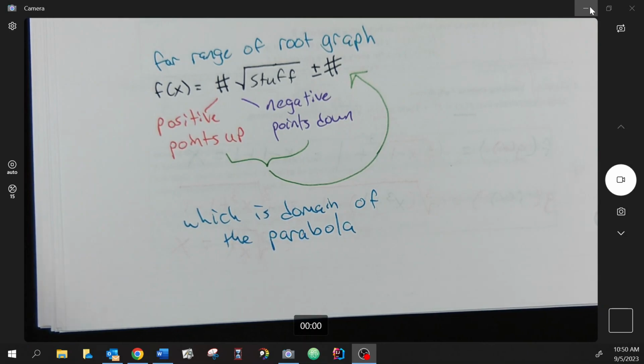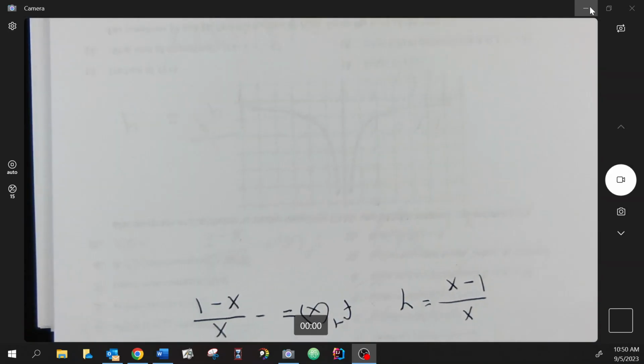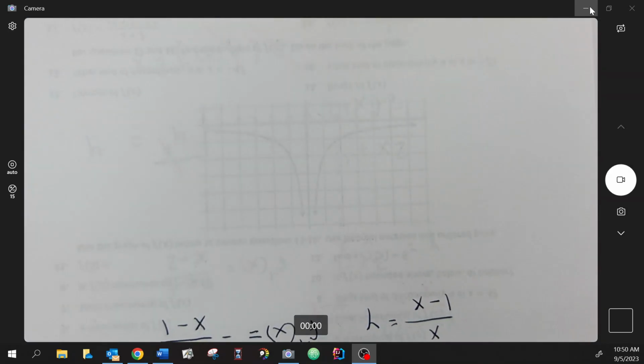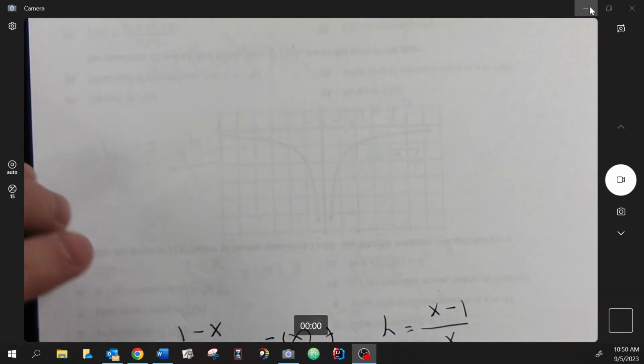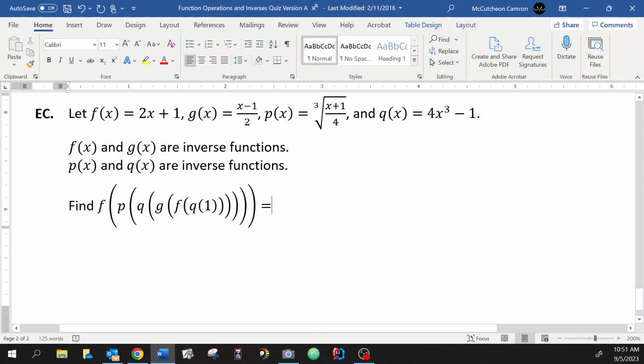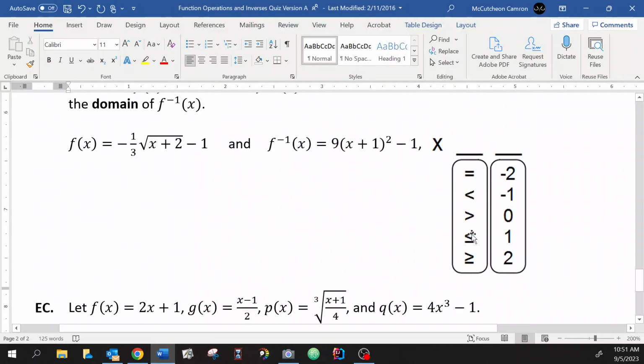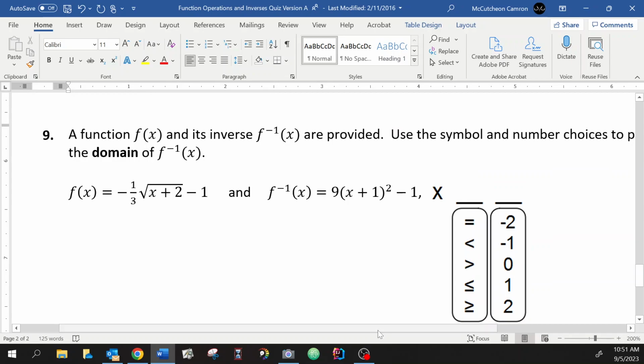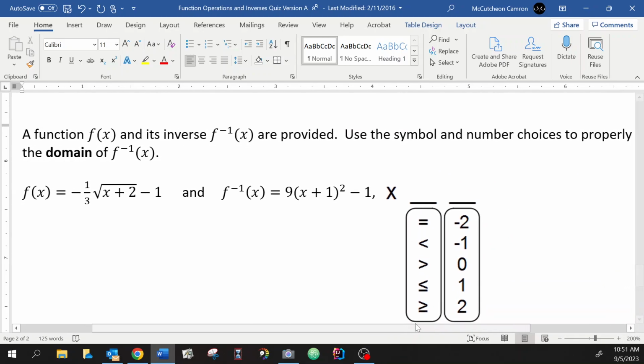So one last example, just to really drive it home. Actually, even better, my old test. It says, restrict the domain.